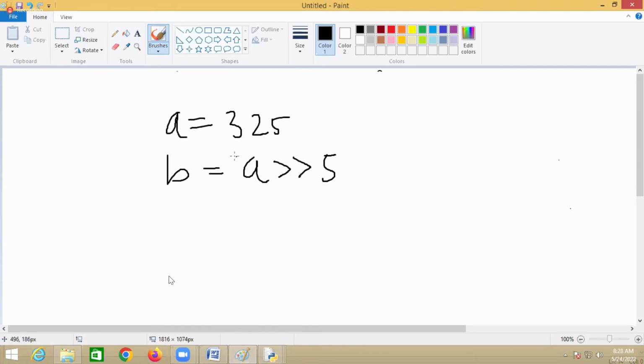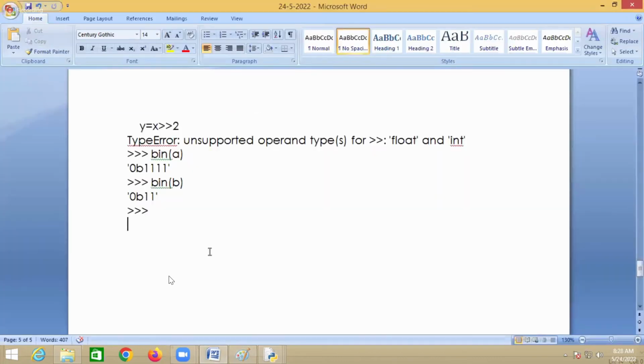You convert this A into binary, meaning zeros and ones. Then you have to shift 5 bits. Is that a long process or not? Yes. Because of that, you can apply one simple formula.